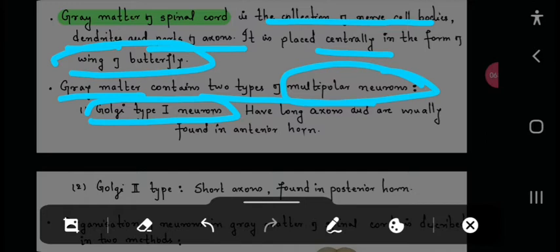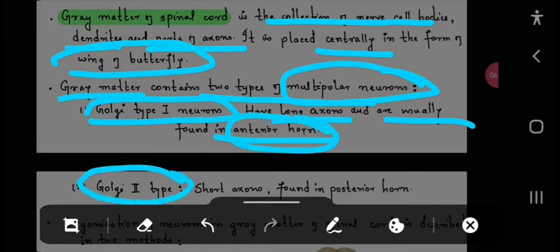Golgi type 1 neurons have long axons which are usually found in the anterior horn. And Golgi type 2 neurons have short axons found in the posterior horn.